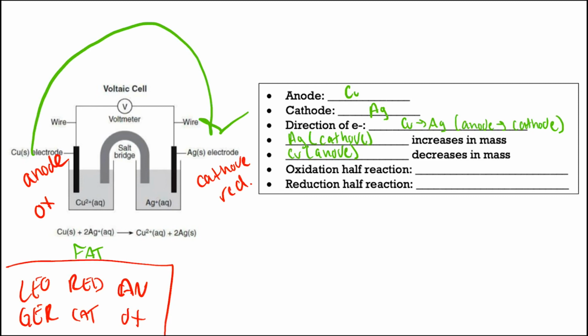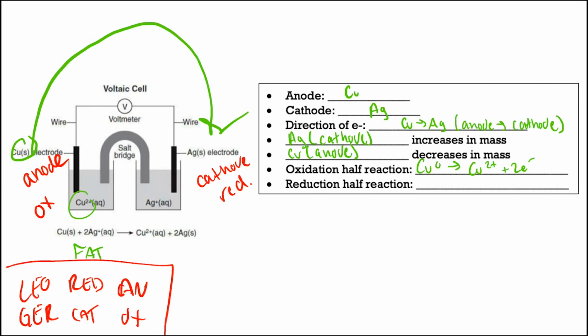Our oxidation half reaction looks like Cu(s) gives Cu2+ and 2 electrons. So we have the copper 2+ ion in the liquid and the copper electrode. So this one's easier to see. So remember, oxidation, you are losing electrons. Electrons are a product, and you have to make sure the charges on both sides add up.